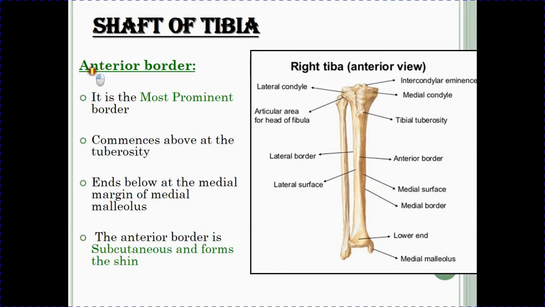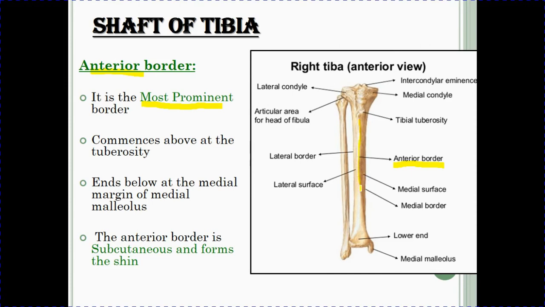So the first border is the anterior border. It is the most prominent border. Now when you look at the tibia, this is the anterior view of the tibia. The most prominent border is the anterior border. We are going to trace this border. It commences, or you can say it starts, above at the tibial tuberosity. It runs downward slightly obliquely.